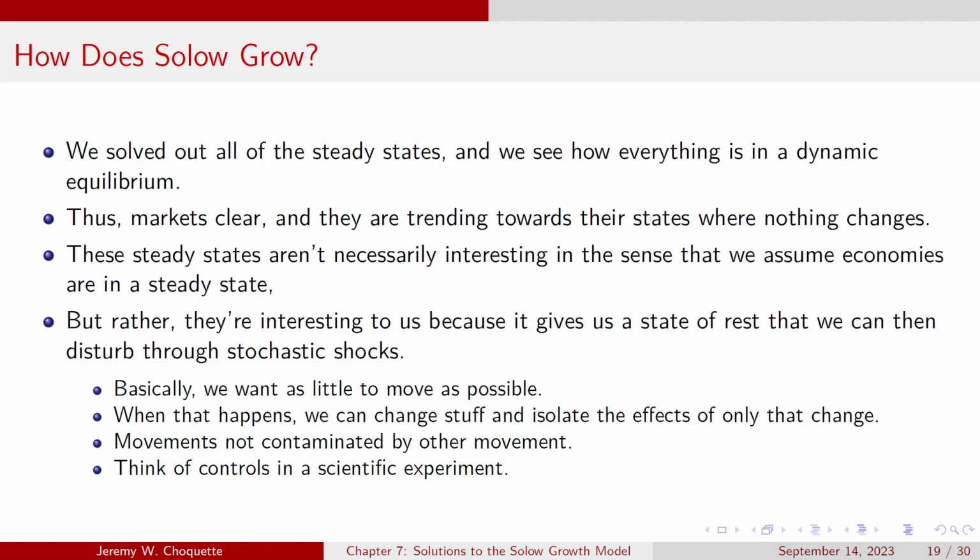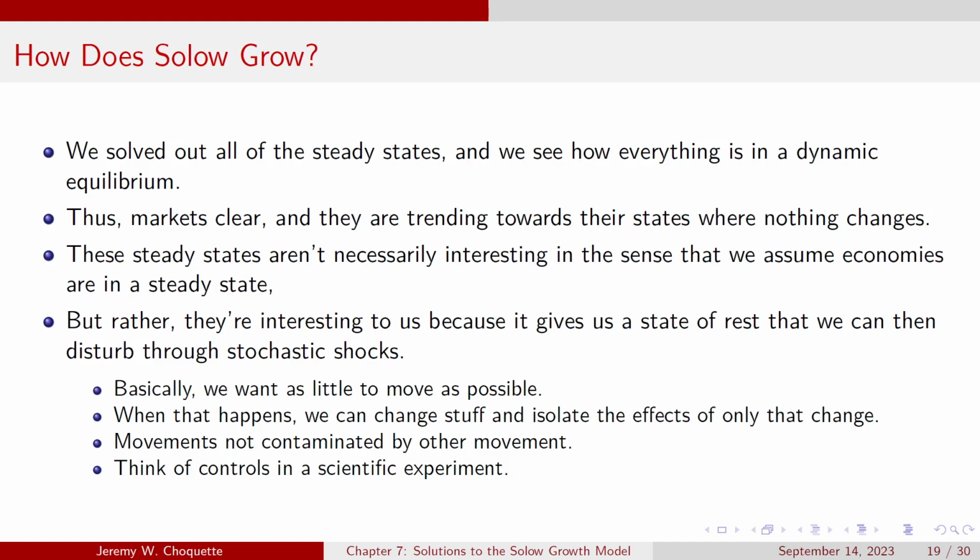So we put everything at rest, right? Things aren't really moving because they're at rest. So we minimize the number of moving parts. And if we can do so, we can then select things that we're actually interested in and isolate the effects of only that change. So these movements aren't being contaminated by other movements.